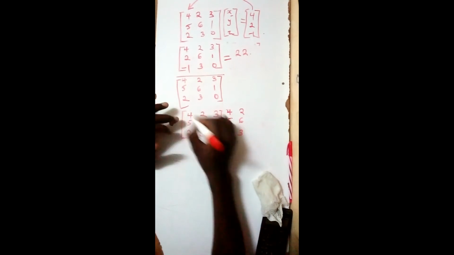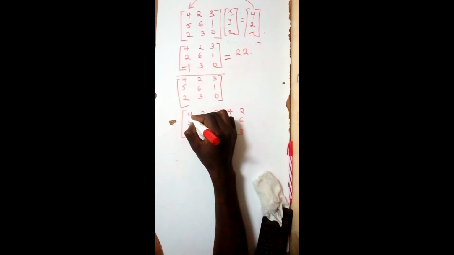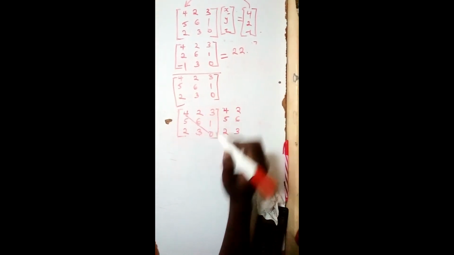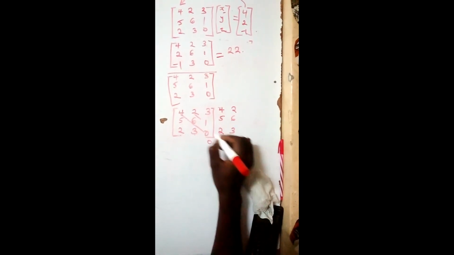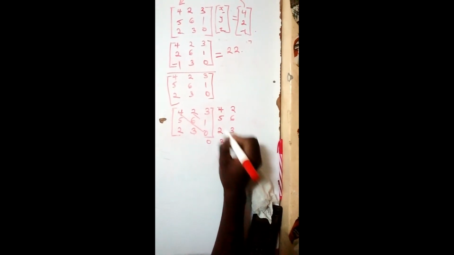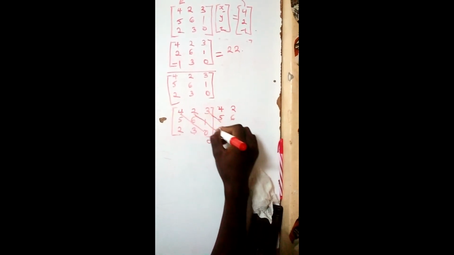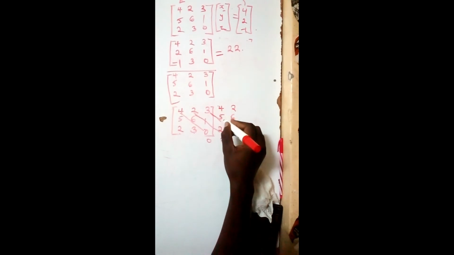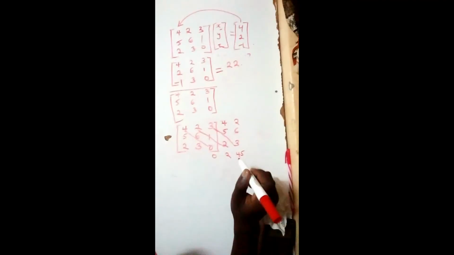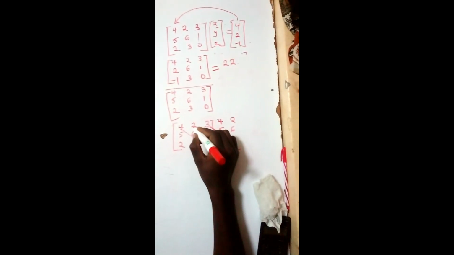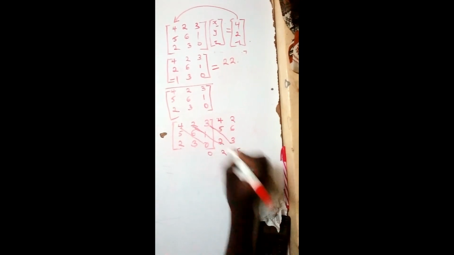Let's start with the principal diagonal, which is 4 multiplied by 6 multiplied by 0, which is 0. Then 2 multiplied by 1 multiplied by 2, which is 4.